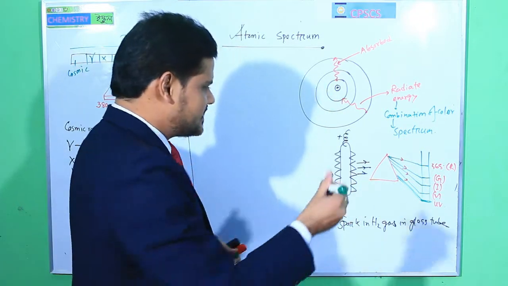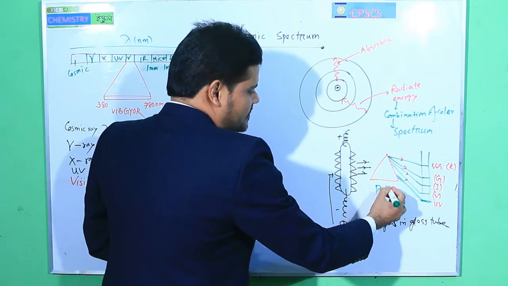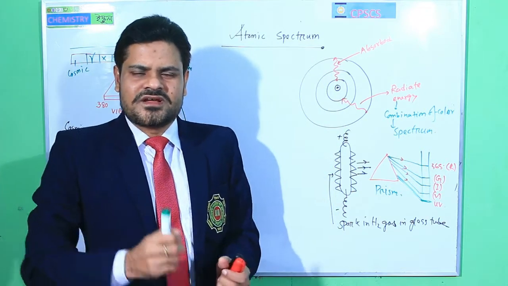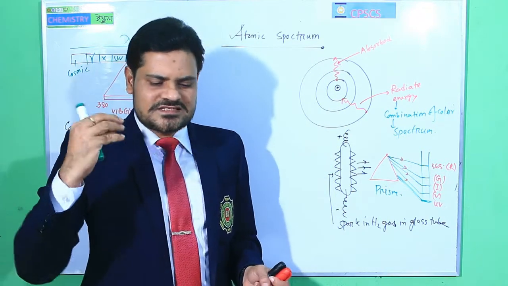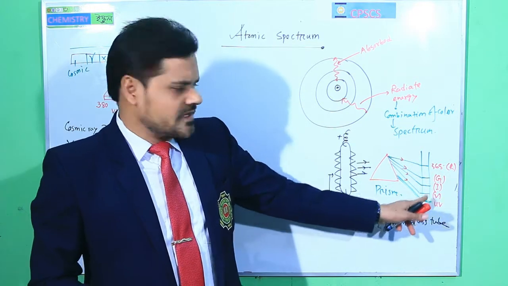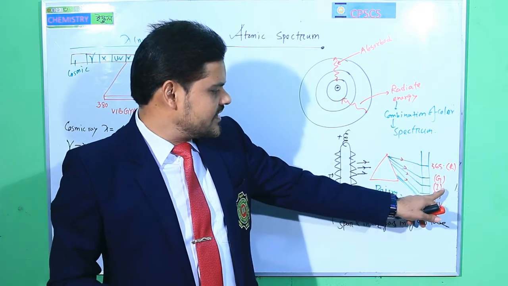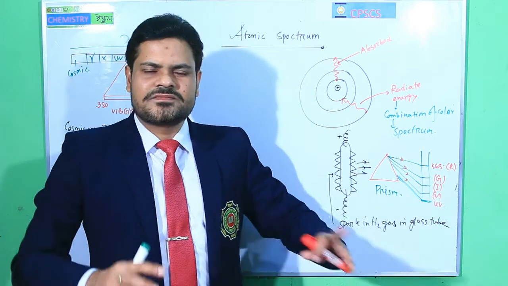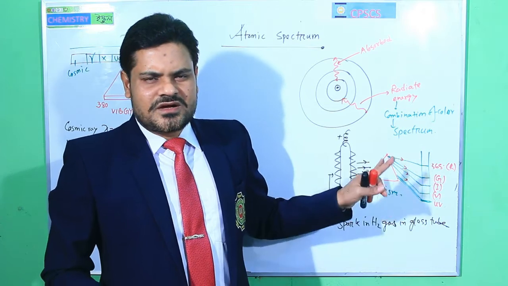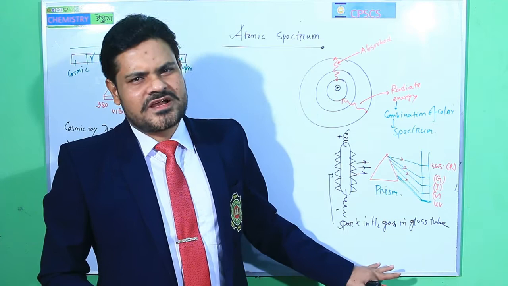And when we pass these emitted rays through a prism, then we can get some lines. We can get some spectrum lines with definite wavelengths here. These are the spectrum lines from hydrogen. We can see red, green, indigo, violet. Mainly four spectrum lines we can get from the hydrogen atom. This is the atomic spectrum of hydrogen.